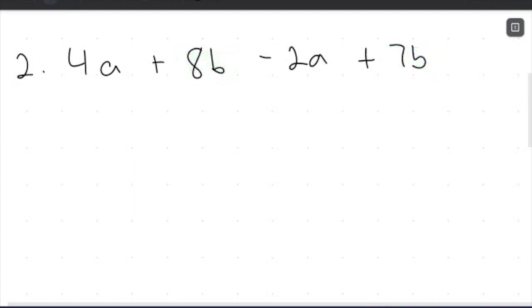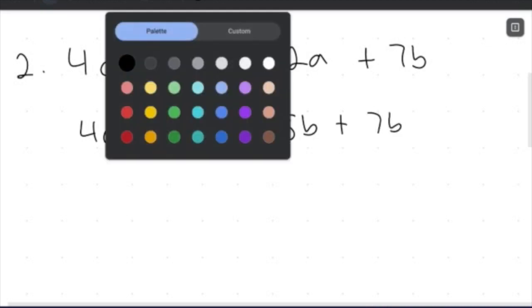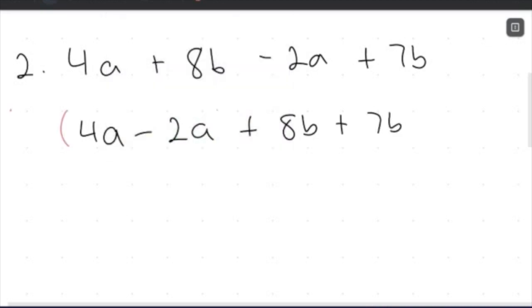So now we can just simplify this. We can bring these together, and I'm going to just do this again, just so you can see these terms really grouped together. I could even take it one step further and put brackets around them.